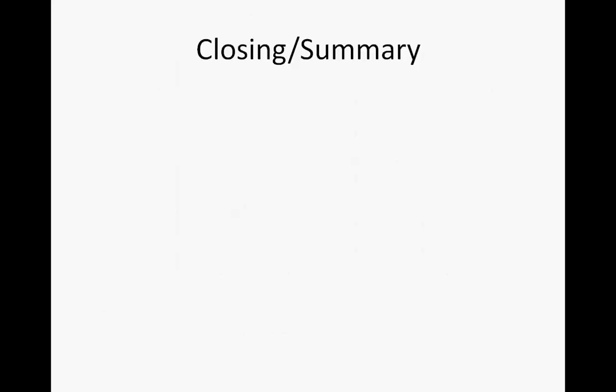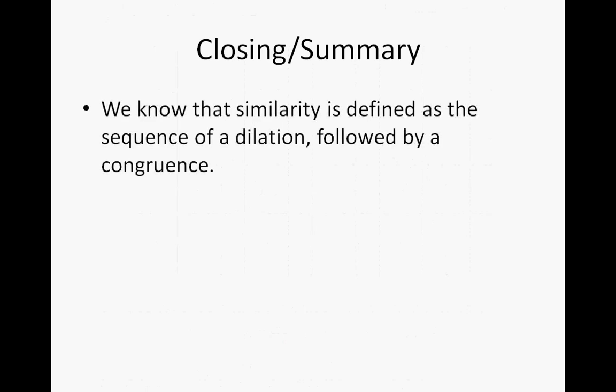All right, so to summarize, we know that a similarity is defined as a sequence of a dilation followed by a congruence. So that is why we have moved off of dilation, and now the definition of similarity is it's got to be a dilation, but then you need to check for congruency.